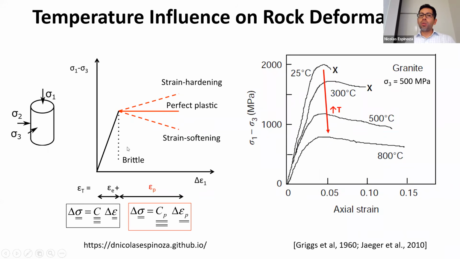And getting to know which type of failure we're going to have is very important. Because, for example, brittle rocks, when they fail, they release the energy instantly. That's what, for example, emits a lot of seismic energy in an earthquake.